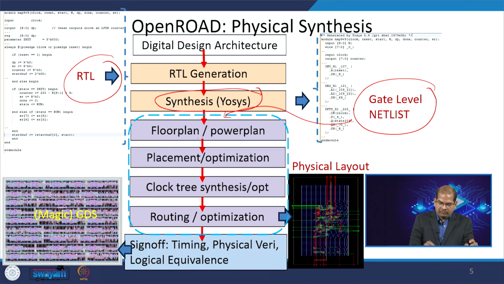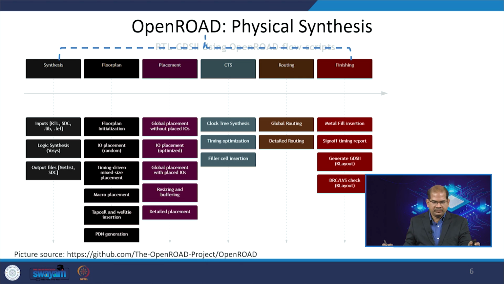It has floor plan, power plan, placement optimization, clock tree synthesis, routing optimization, and finally we will get the layouts which can be viewed in an open source layout editor tool like Magic. So, here you have synthesis to complete finishing of the design, all the things are there, but in this lecture we are discussing floor planning.